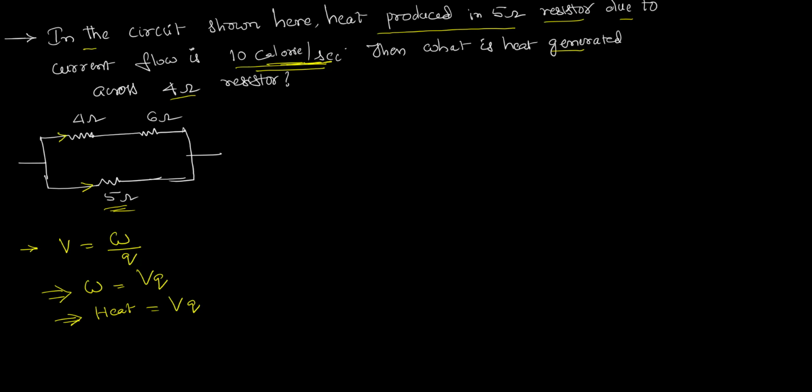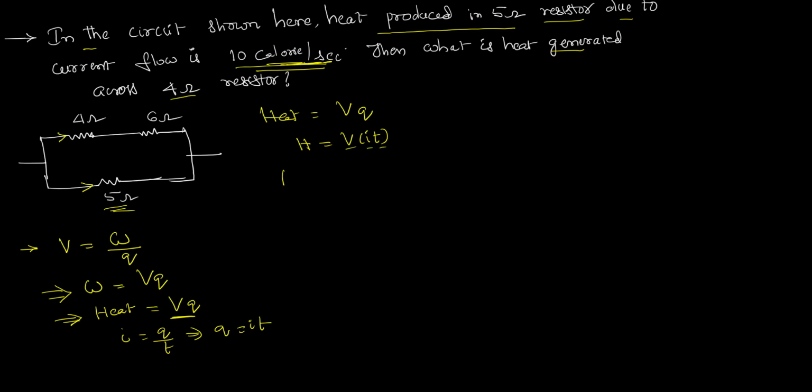We know the definition of current itself, the rate of flow of charge. That implies in the place of Q, we can definitely write IT. So the formula of heat generated is VQ, and in the place of Q, you can write IT. So the heat generated is voltage supplied across it into current into time.